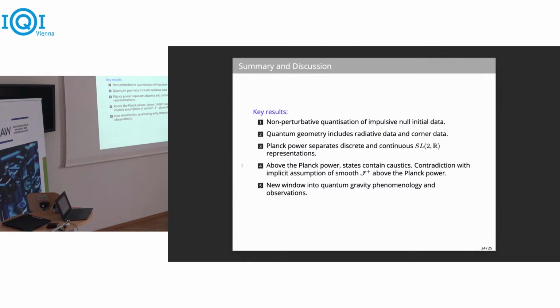So this will be quantum, but the data that lives on these cuts will be quantum as well. And the prediction, for instance, is that the area of these cross sections is quantized.